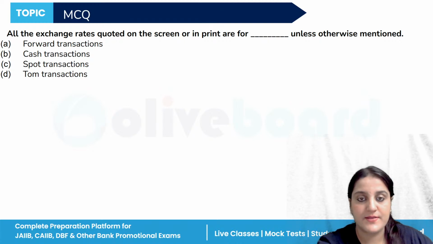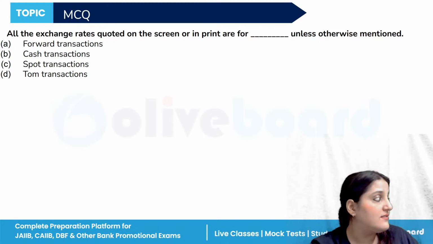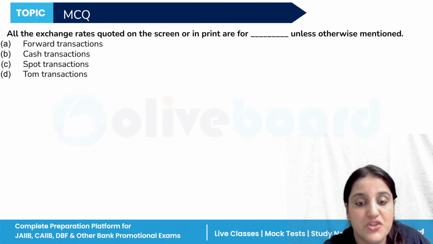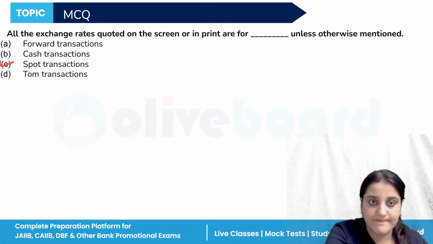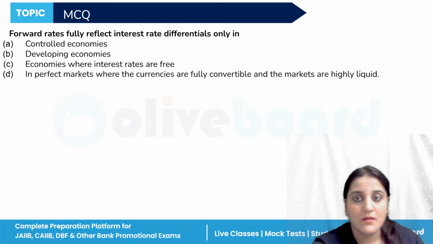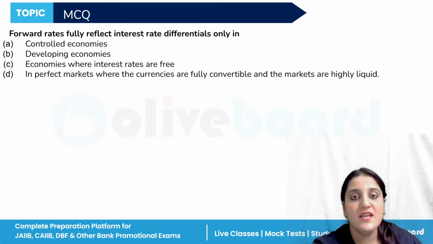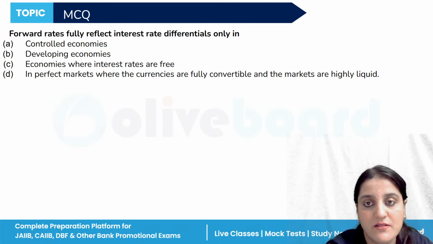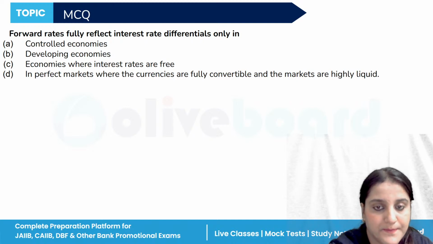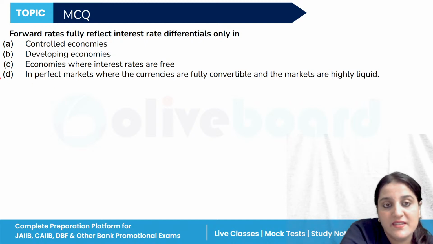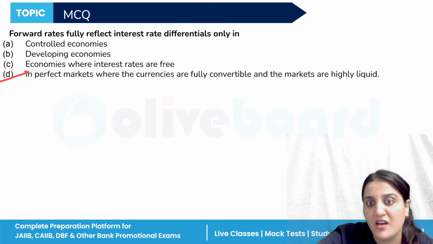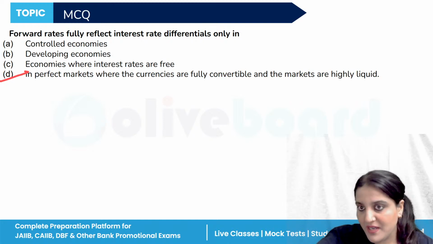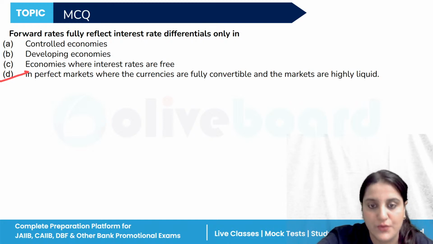All the exchange rates quoted on the screen or in print are for spot transactions unless otherwise mentioned. Forward rates fully reflect interest rate differentials only in perfect markets where the currencies are fully convertible and markets are highly liquid.